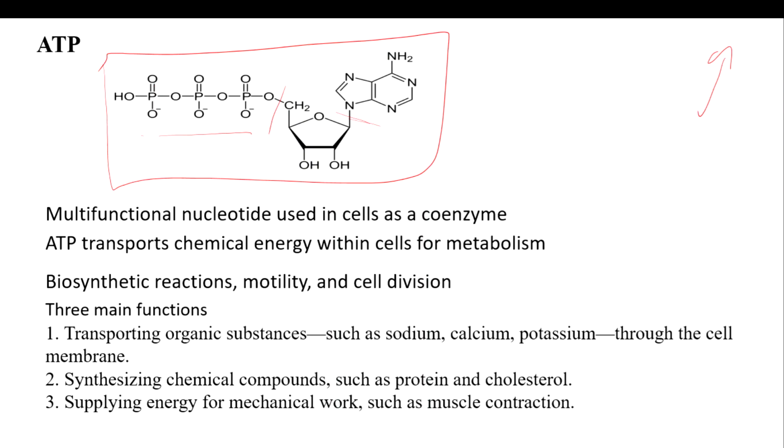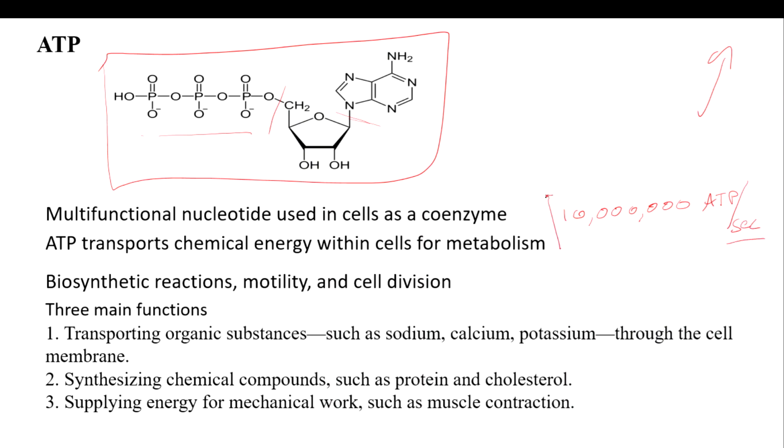Everyone knows the formation of ATP, the structure of ATP, and the functions of ATP. First, it is the currency of the cell. And one more important point: the number of ATPs utilized or consumed by a cell is approximately 10 million ATPs per second.